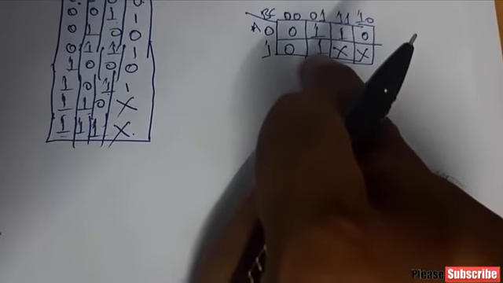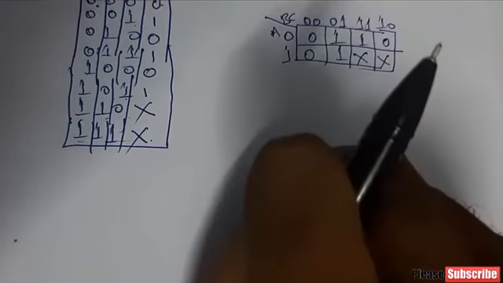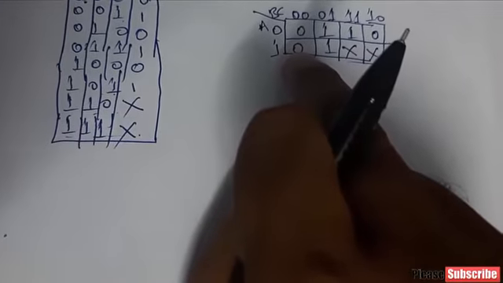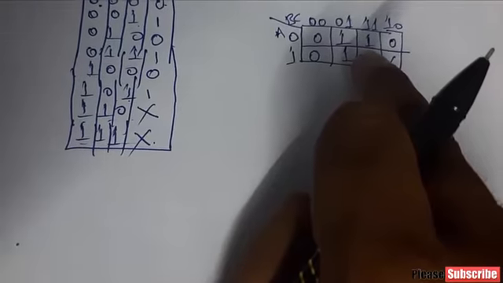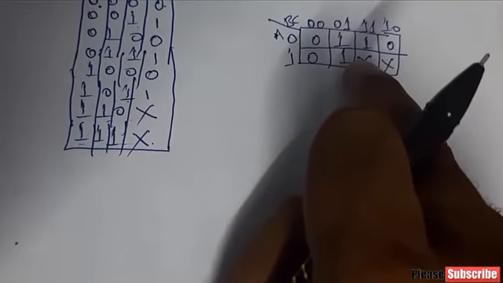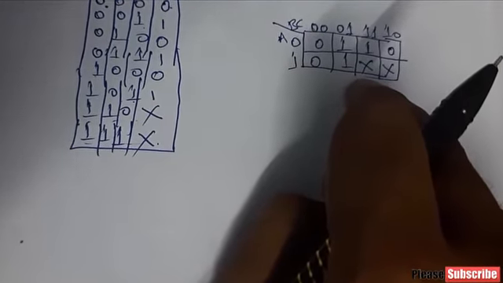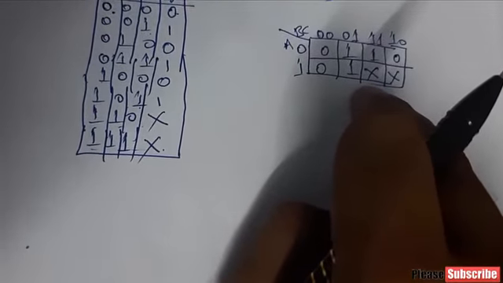So if you neglect this, here also a cross will be there, and here also a cross will be there. If you take the POS form for this, you will get the exact output. That means you have to reduce the K-map. Either you take the SOP form or the POS form, from this you will get the identified output. Let's see.